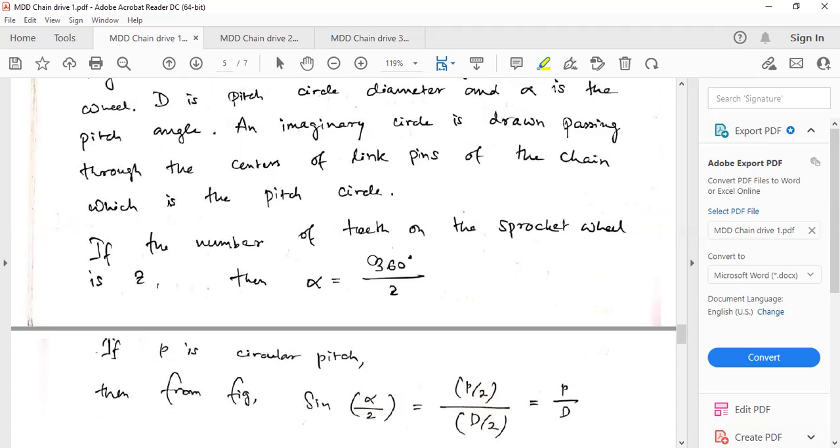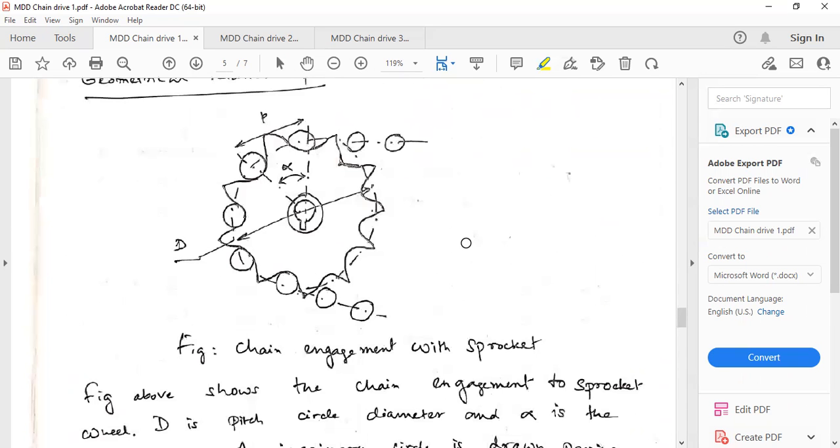circle. Now, if the number of teeth on the sprocket wheel is Z, suppose 1, 2, 3, 4, how many teeth are there? So this alpha is the total angle, 360 degrees, divided by the number of teeth. Suppose two teeth are there, 1 and 2, so we will have alpha between them.